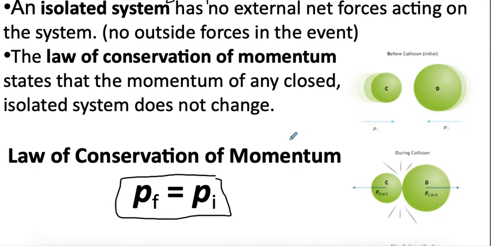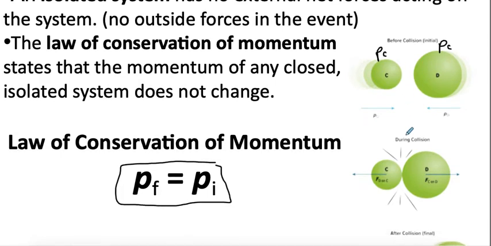Just to give a visual, we have two particles over here. One is obviously smaller than the other, but we can calculate the momentum of this particle and the momentum of that particle. This would be our initial, and then this would be our final, particle C and particle D. The momentum of C and momentum of D should be maintained when these two collide.